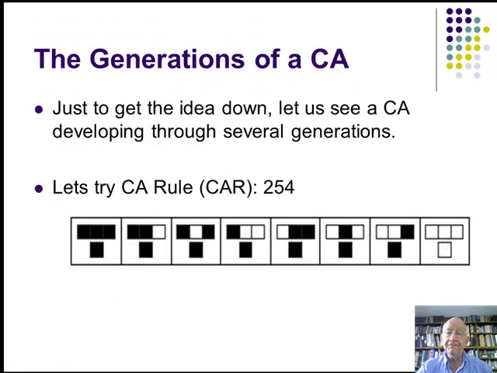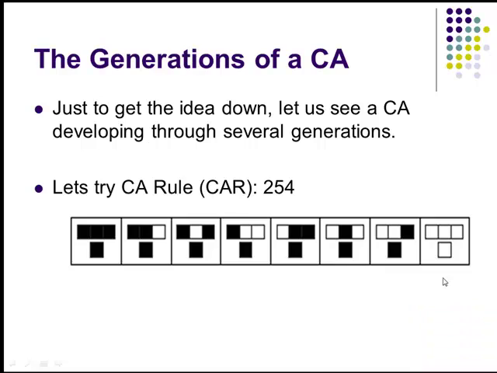Just to get an idea, now let us see a CA developing through several generations. Let's try the CA rule, rule 254, which is seen here below. We are using the same 254 rules that we have seen before, so let's see what will happen with the first generation to come.